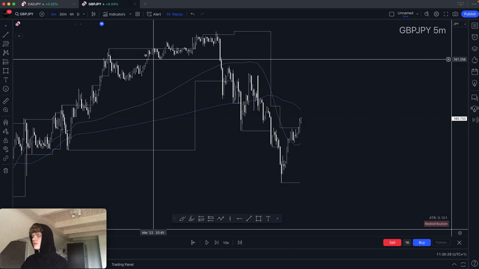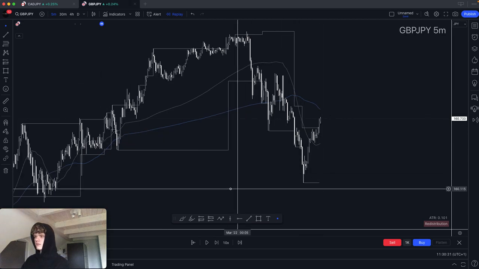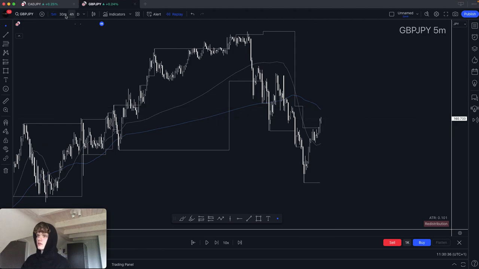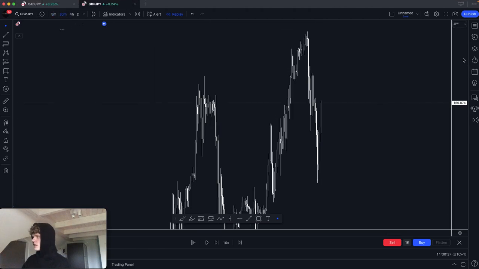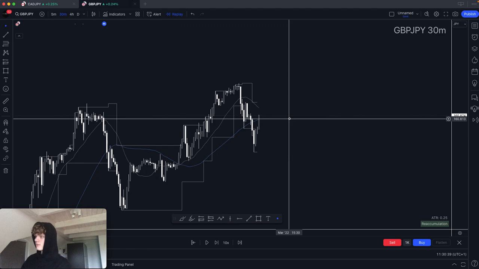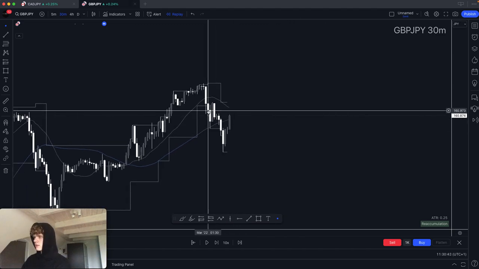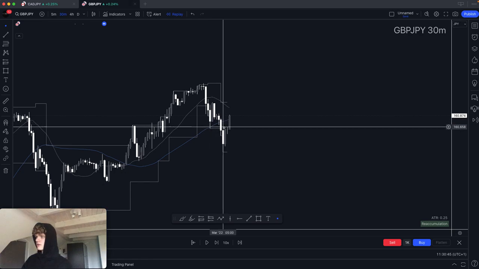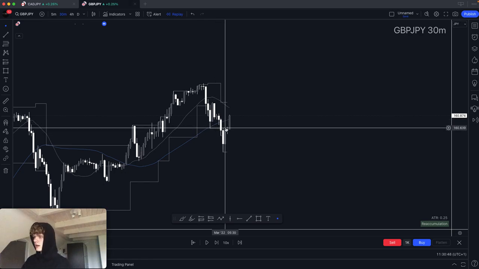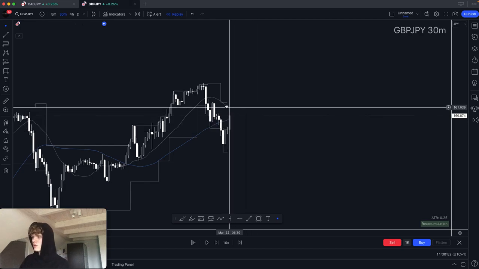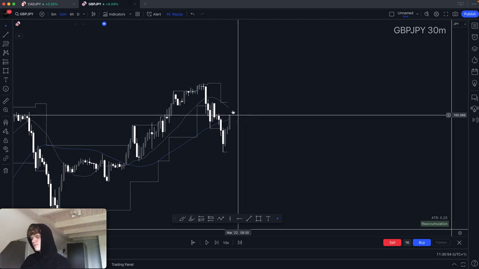So this is reaccumulation, but okay, because of this break, it's pointing down, so I'm gonna watch the 30-minute for a second. Watch if the 30-minute made 2 supply zones against price. With the last demand zone being here, this was definitely 2 supply zones against price. But then price makes this demand zone, but the 20 is also sloping downwards.